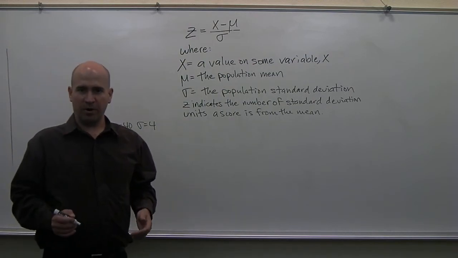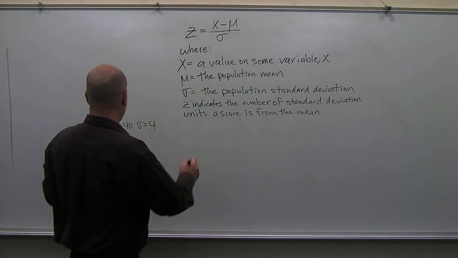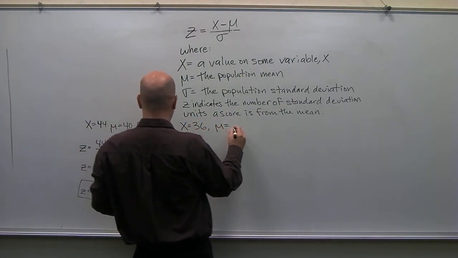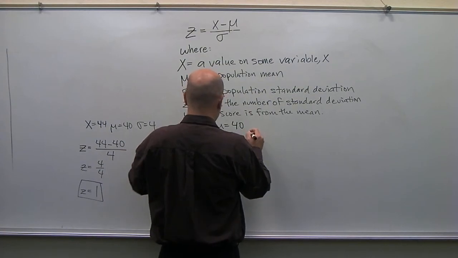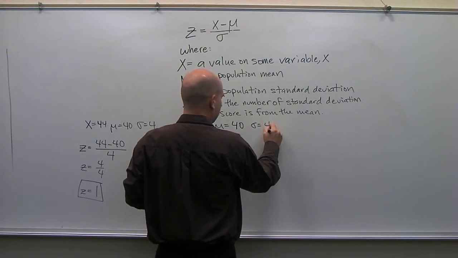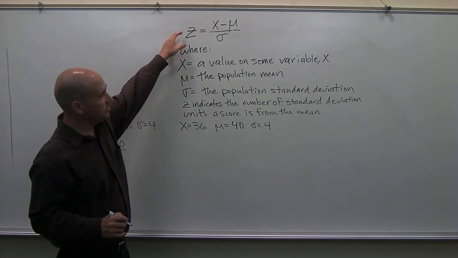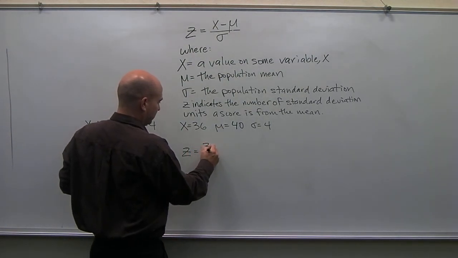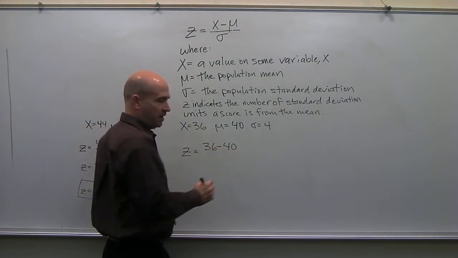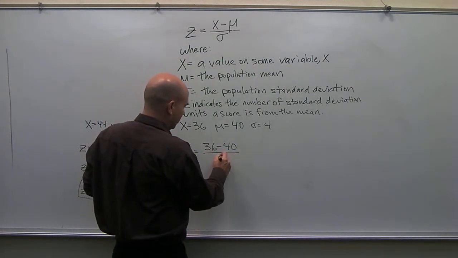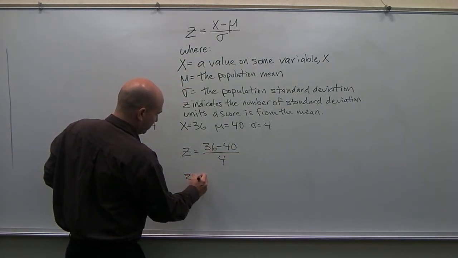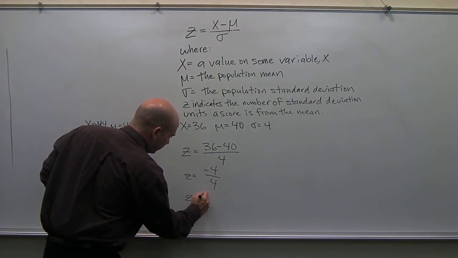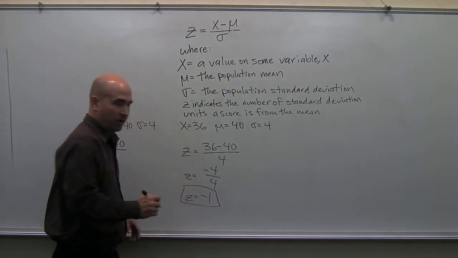Let's take a look at two more examples. In our next example, we'll consider an x of 36, mu once again of 40, and a standard deviation for the population of 4. Once again, using our z-score formula, we see that z is equal to 36 minus 40 over 4, which is negative 4 over 4, for a z of negative 1.